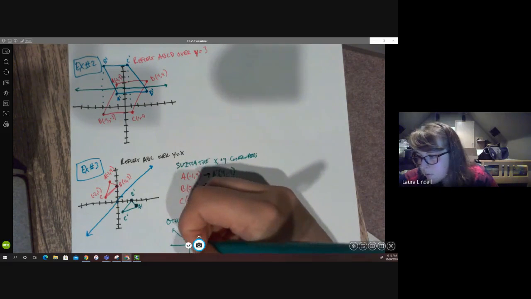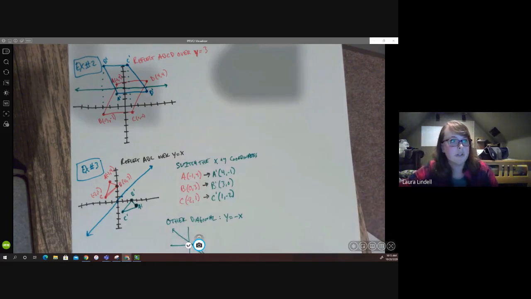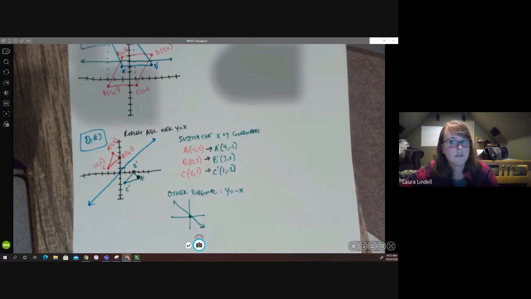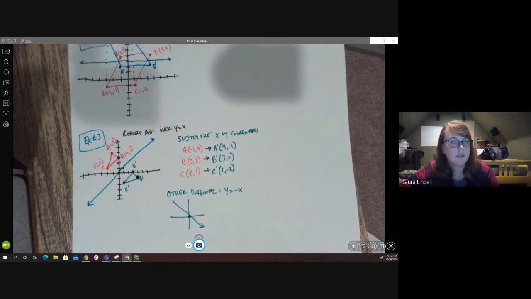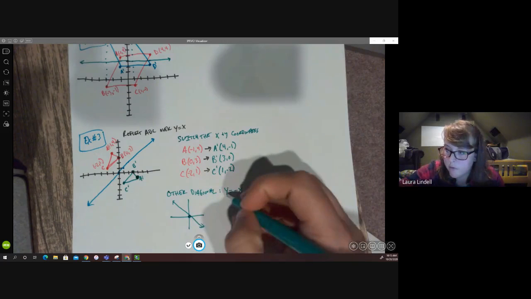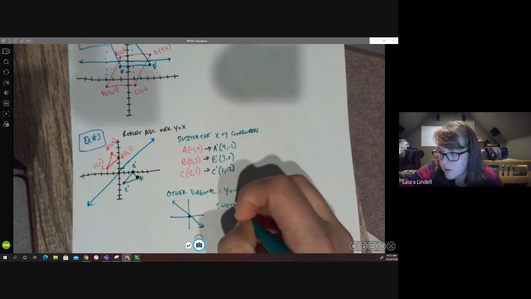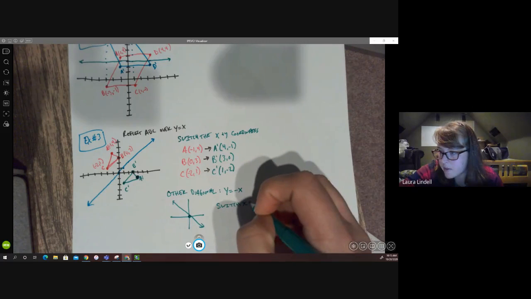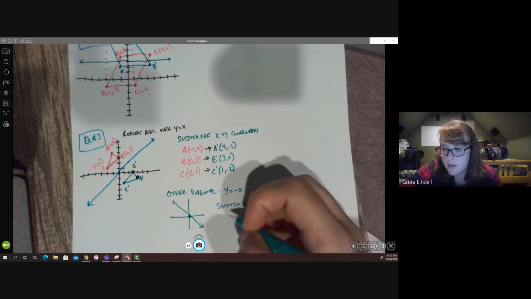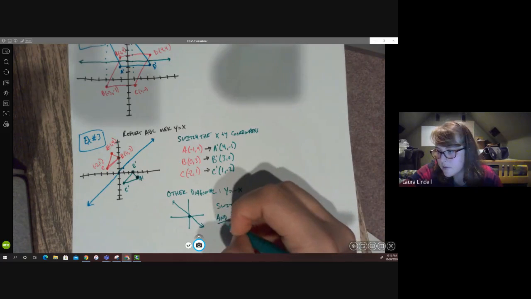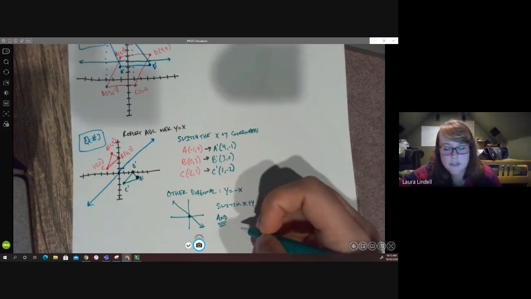It's a line with a slope of -1 that goes through the origin. And so to reflect over y equals -x, it's a very similar rule, but slightly different. So for reflecting over y equals -x, you switch x and y and change their signs.